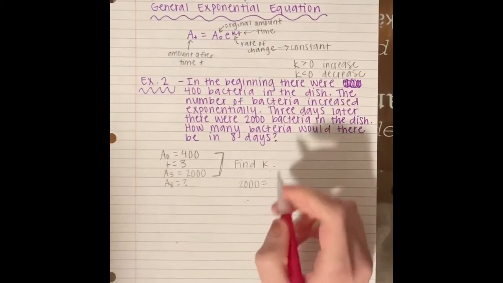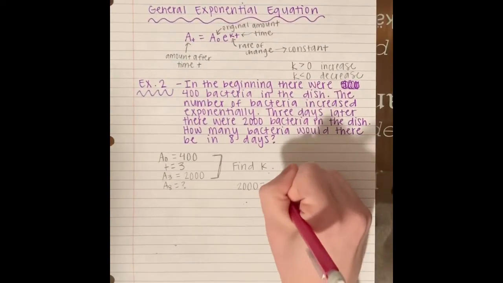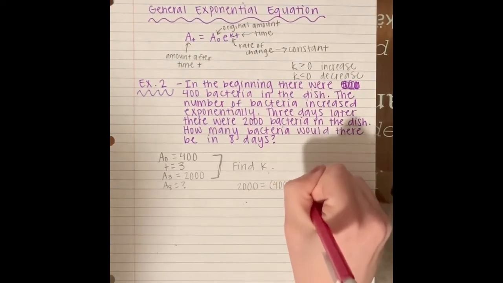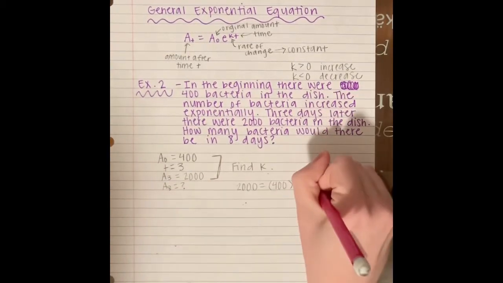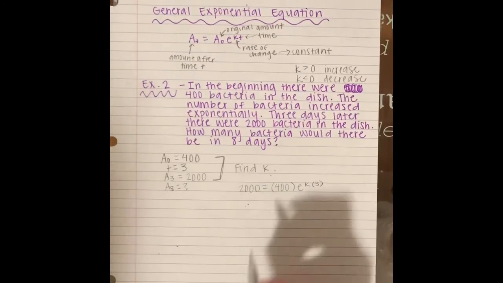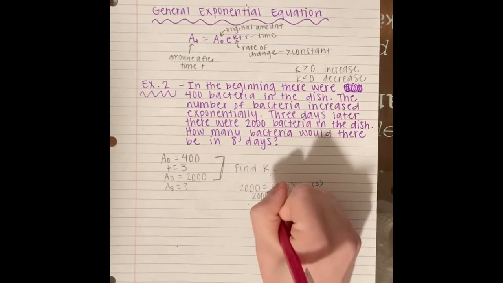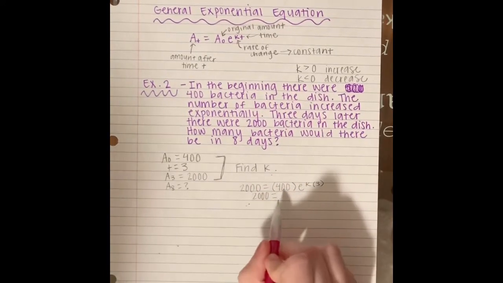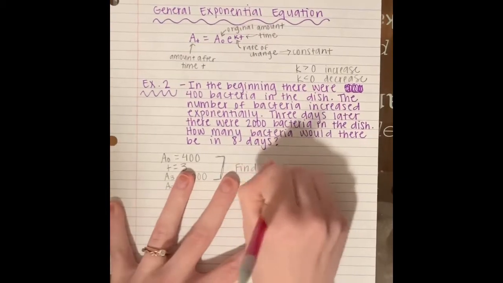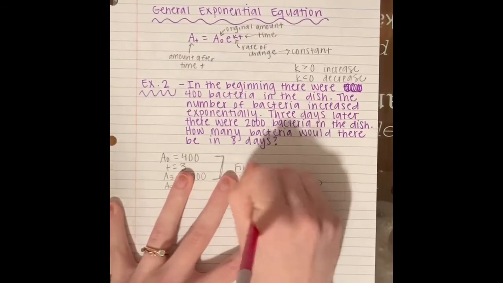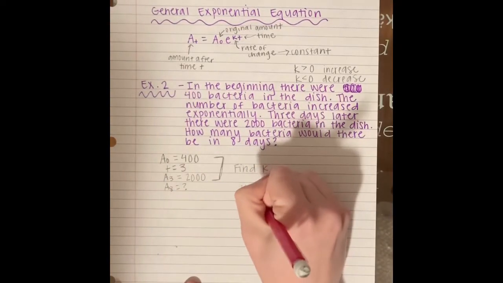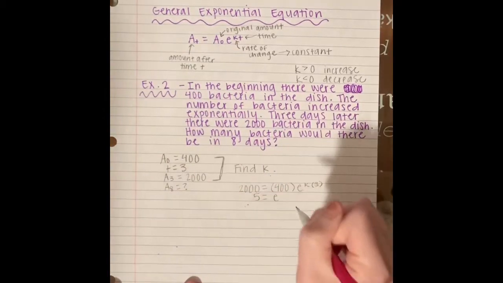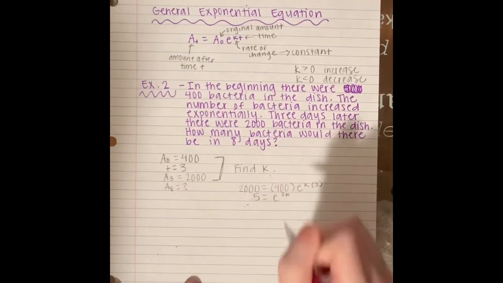A sub T equals A sub 0, 400, e to the K that we don't know, T, which was 3 in this case. All right, so we have 2,000 equals, well, let's just go ahead and divide by 400 on both sides. So 2,000 divided by 400 is 5. So 5 equals e to the 3K.